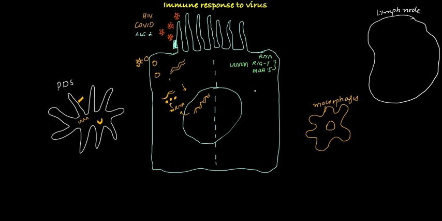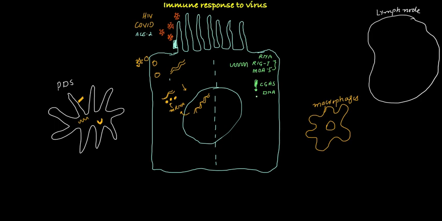The cytoplasm has another type of receptor as well, called cGAS, cyclic GMP-AMP synthase, and this is able to detect DNA viruses. So the nucleated cells have a system of receptors, like toll-like receptors, and they can detect RNA viruses and DNA viruses with the help of RIG1, MDA5 or cGAS.